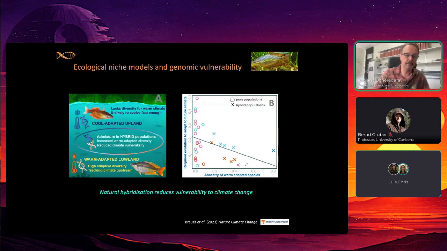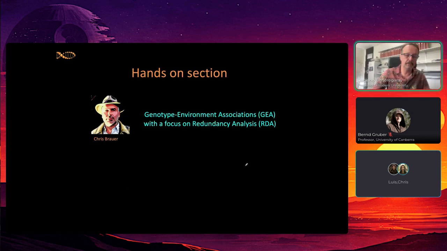So we are concluding here that natural hybridization has reduced vulnerability to climate change in this system. And we are now using ecophysiological experiments of thermal tolerance in a new study to try to validate these conclusions from genomic offset. I will stop here.